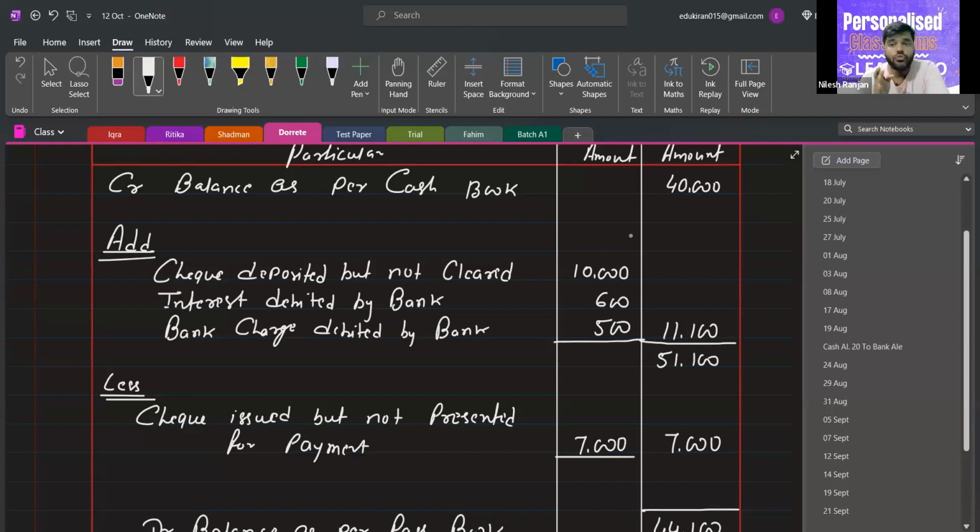Means you have to add or less the items in opposite form. That is the second method.